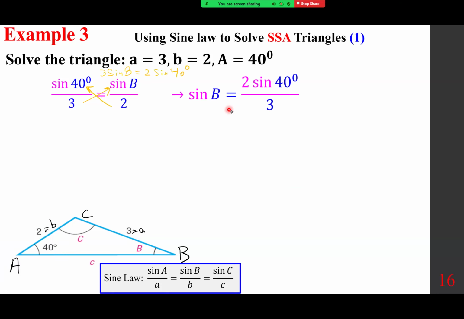By now, we have seen it a couple of times, and it should be pretty obvious. And of course, you use a calculator, you end up with 0.43.